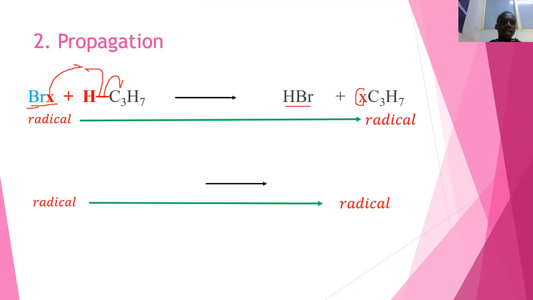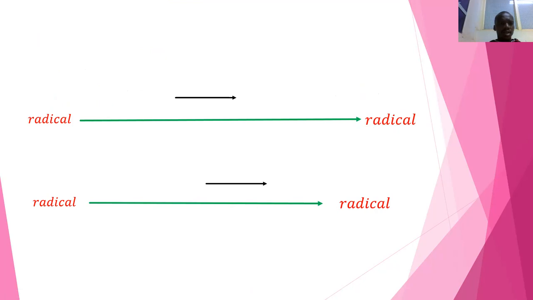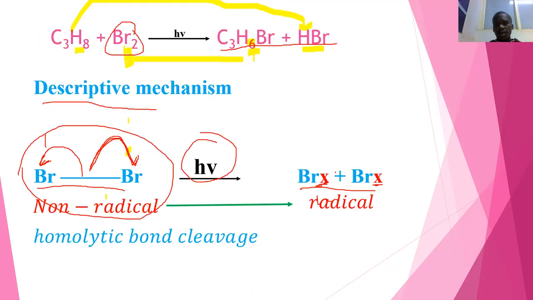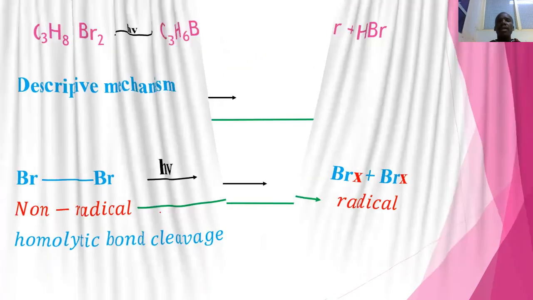So this radical reacts with this to form another radical of a different kind. Let me show you, go back, so that you can be able to know. Here, one bromine radical now reacts with this one to form hydrogen bromide and the radical of the propane, the propyl radical.